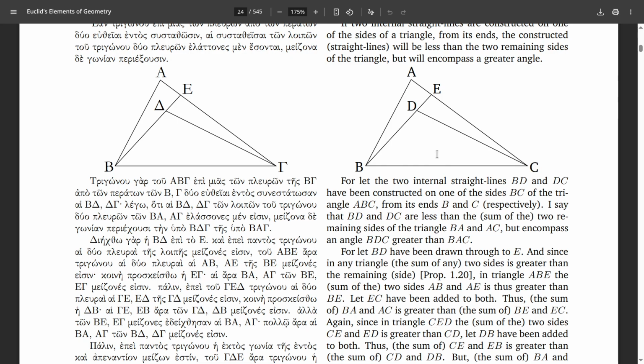For let the two internal straight lines, so BD and DC, be the internal straight lines on one side BC of the triangle ABC, from its ends B and C respectively.